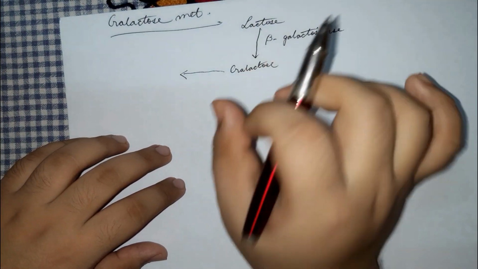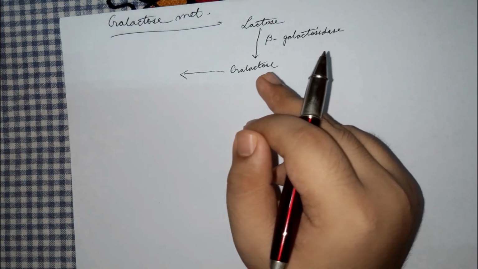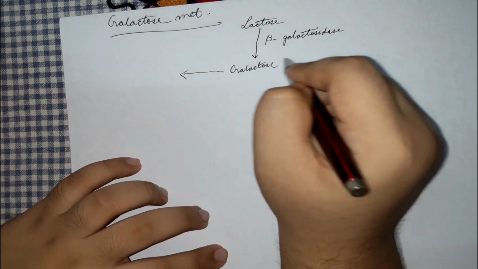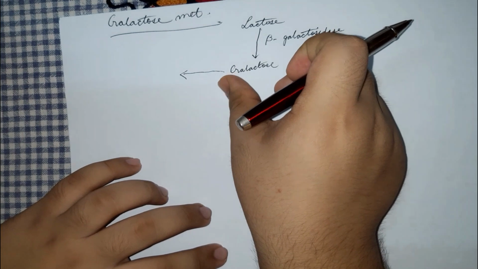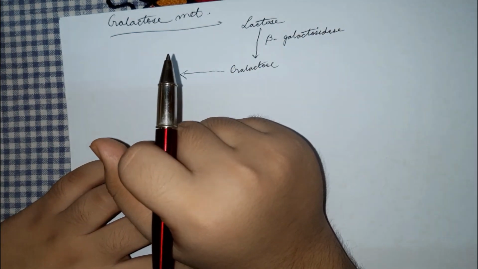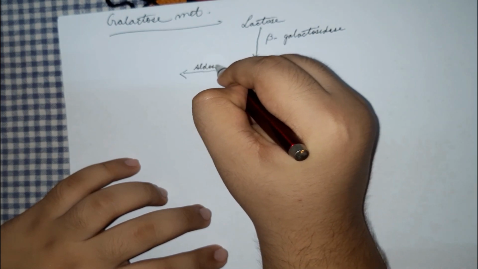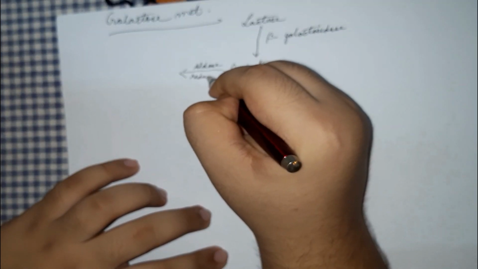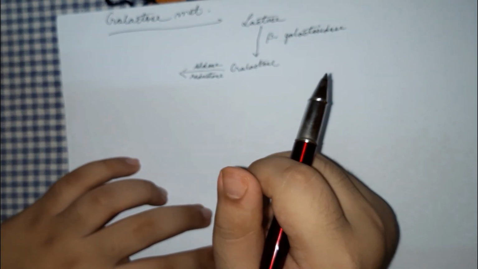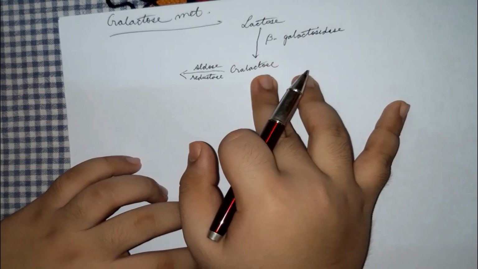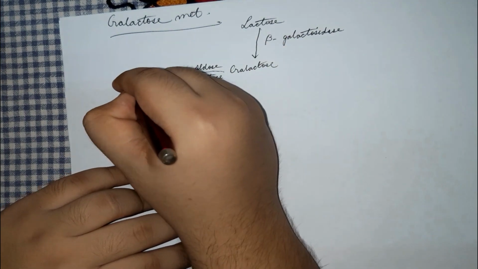We just said that in the sorbitol pathway, glucose reduced by aldose reductase gives its alcoholic form, sorbitol. Just like that, galactose may also encounter such a fate, being reduced by aldose reductase to its alcohol form, galactitol.